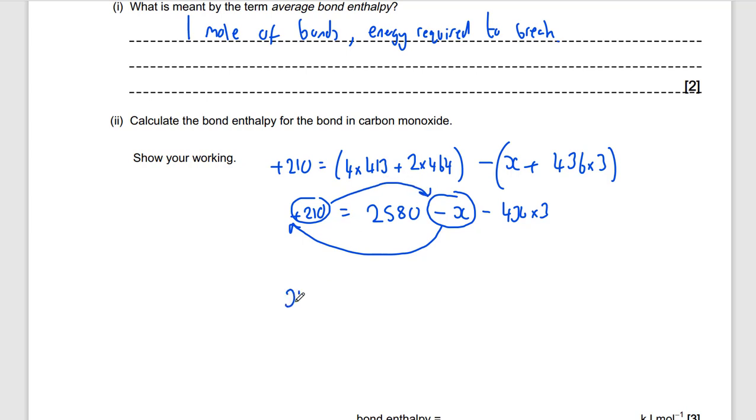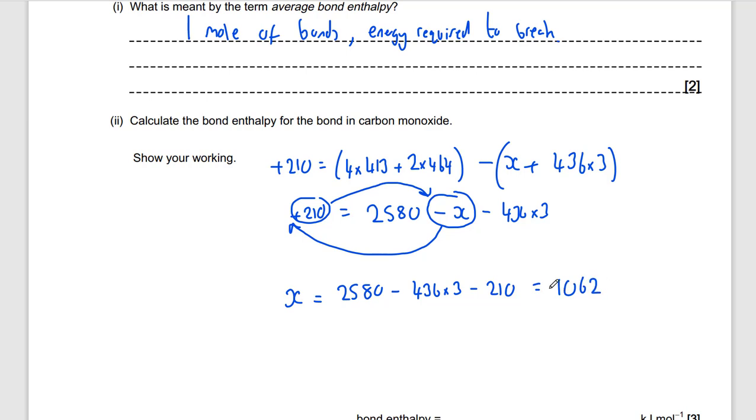So that means x equals 2580 minus 436 times 3 minus 210. And if we bang that into the calculator nice and quickly, so 2580 minus 436 times 3 minus 210, we end up with 1062, which is the correct answer.